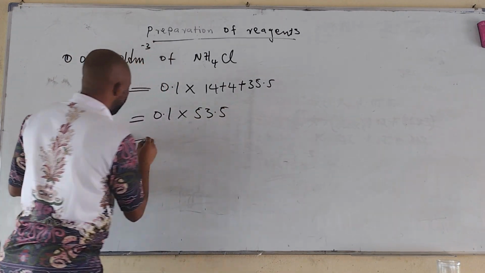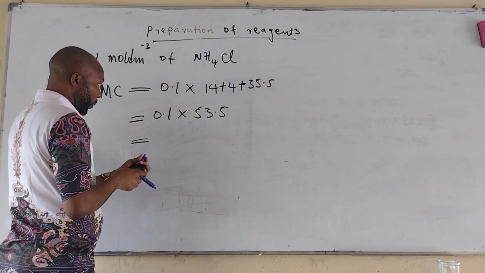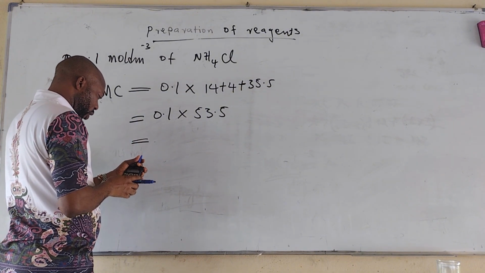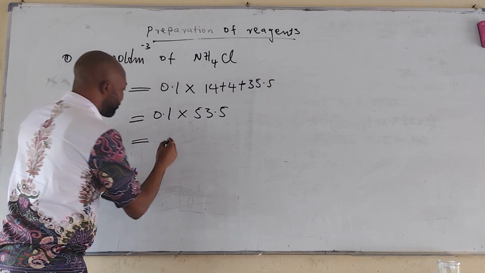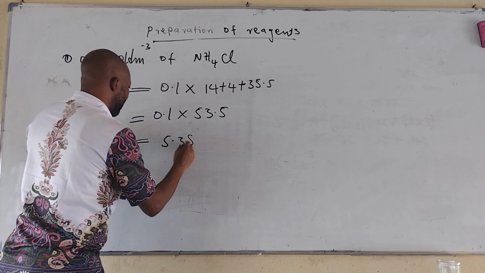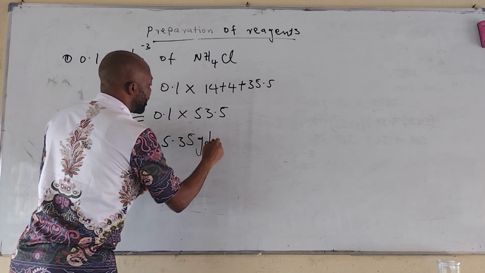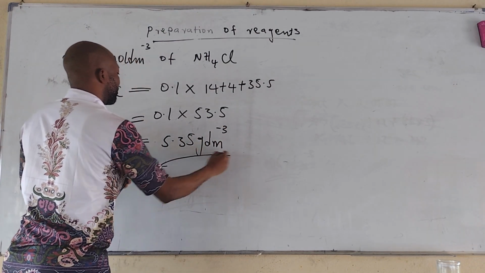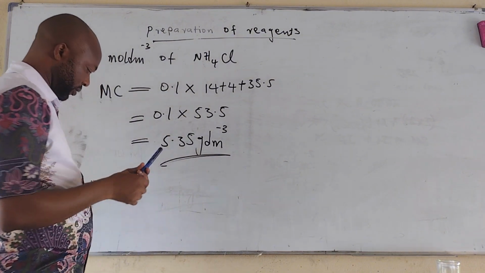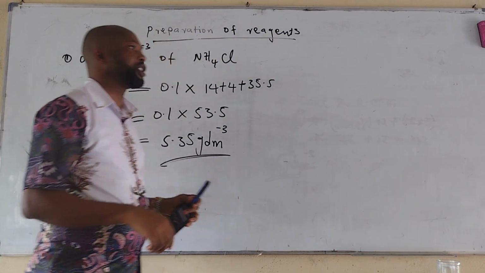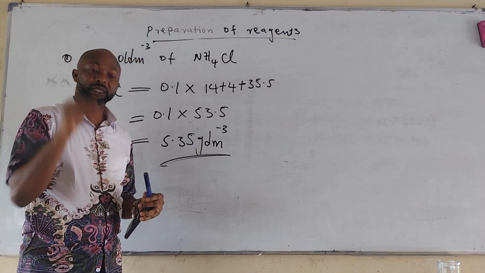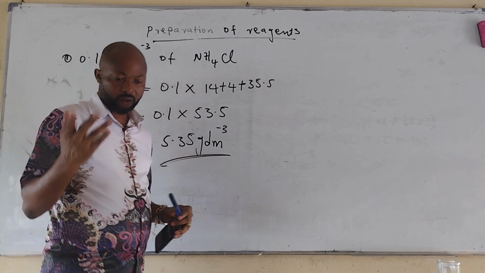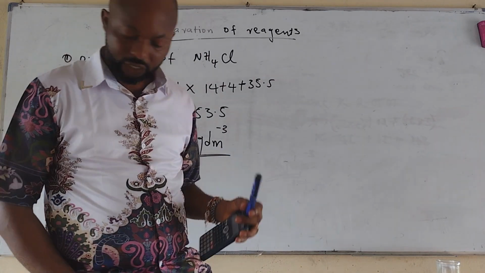Times 0.1, I have 5.35 g/dm³. So this is what you measure using your weighing balance, and dissolve it in 1000 ml of distilled water.